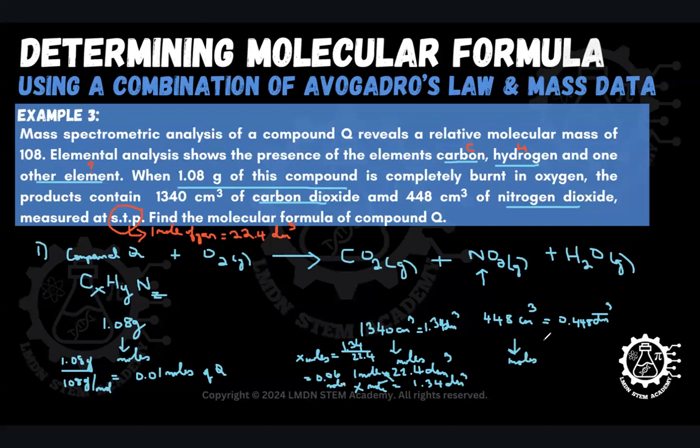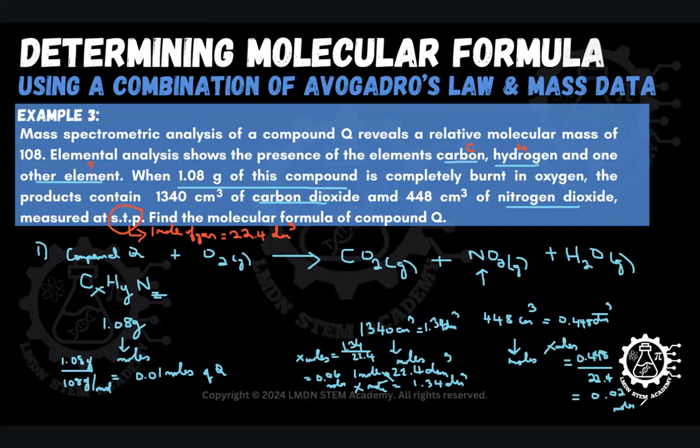And we'll do a similar thing over here. Essentially, the number of moles is going to be equal to the 0.448 dm cube of it that we have divided by the molar volume of 22.4. And that's going to give us 0.02 moles.